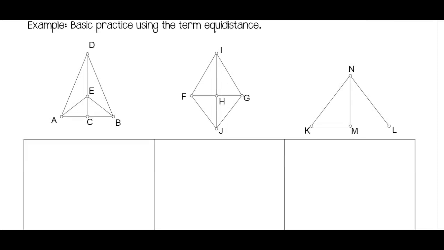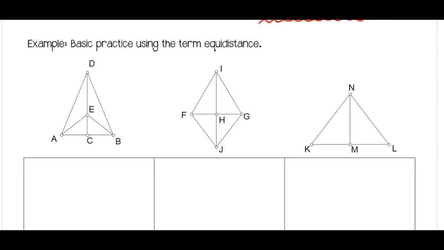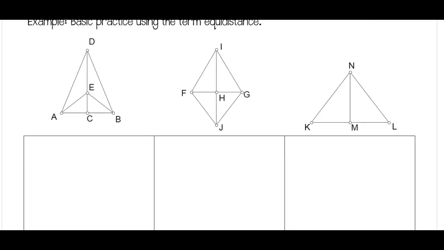This example here really is just to get used to using the terms equidistant. What we do in this example we're really not going to use in our proofs, but I think it's some good practice. So I'm going to put some tick marks here, here, here, and here.